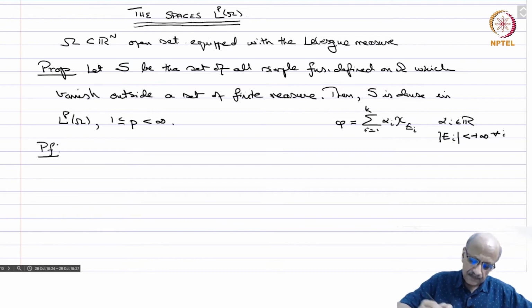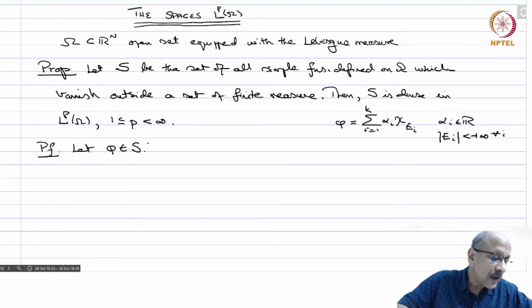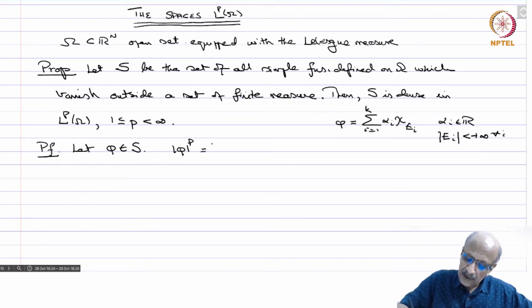So, proof. Let φ belong to S. Then φ vanishes outside a set of finite measure. |φ|^p is nothing but the sum of |α_i|^p χ_{E_i}.